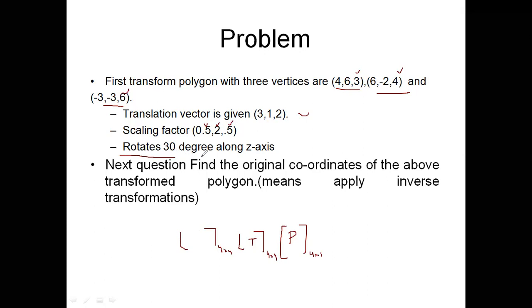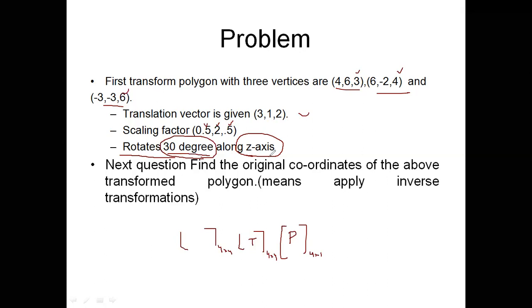When the rotation is given, the angle will be given to you as well as the axis along which it is rotated. You have to keep this in mind while choosing your rotation matrix while performing three-dimensional transformation. Here the 30-degree angle is given, so it is a positive angle.